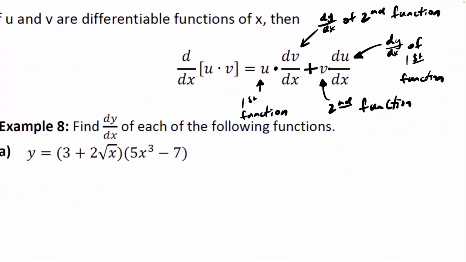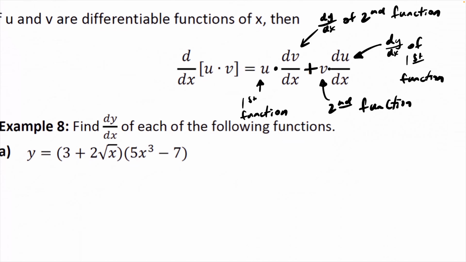Before we even do anything, what's wrong with this problem? There's something you're going to run into that won't make you happy if you start without addressing it. Square root, yeah. When we're doing derivatives, we don't like square roots because there's no square root rule, but we do have a power rule.